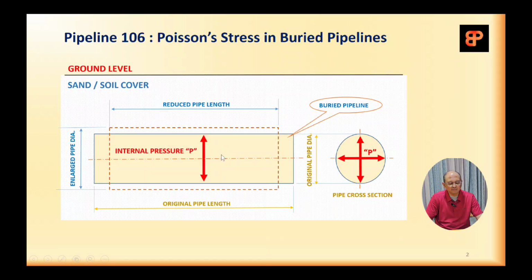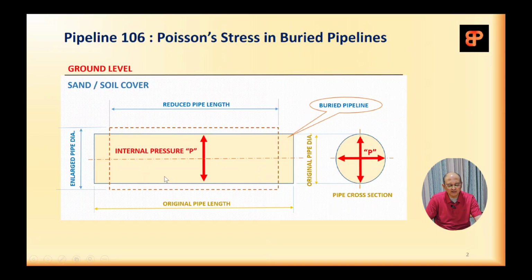So when the pressure acts, which creates hoop stress in the pipe, the pipe will try to expand, and since there is a fixed mass in the pipe, to accommodate the expansion its length tries to reduce. The pipe will reduce in length.